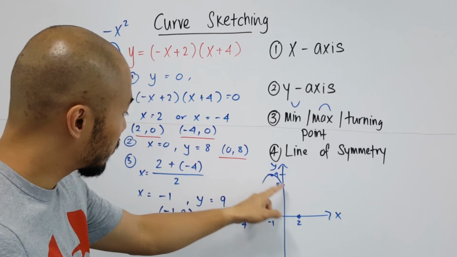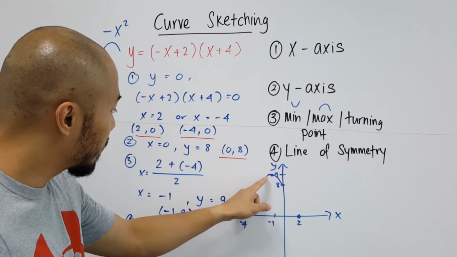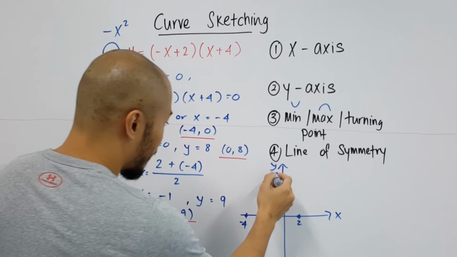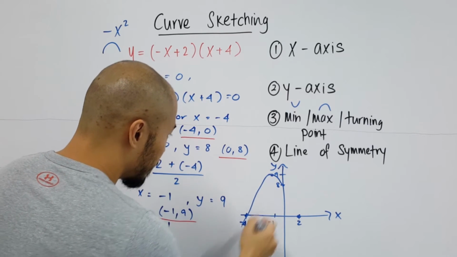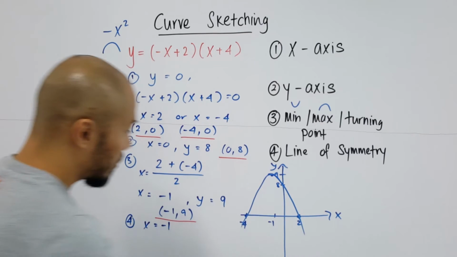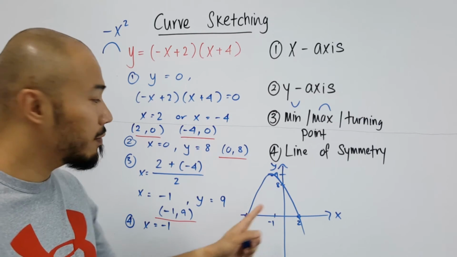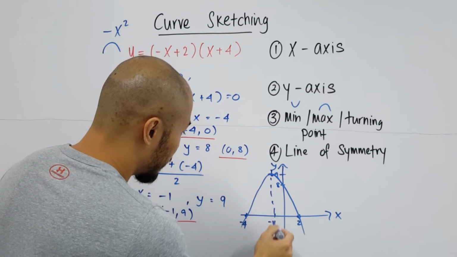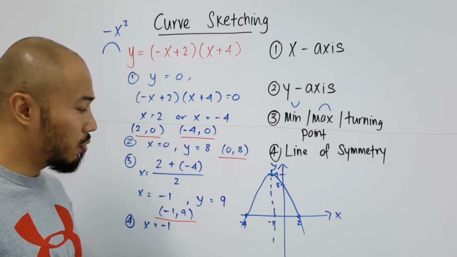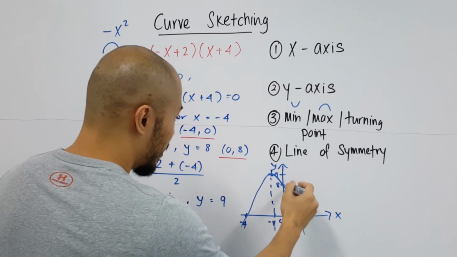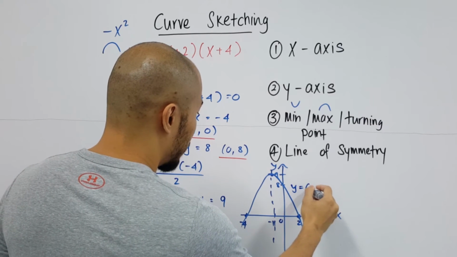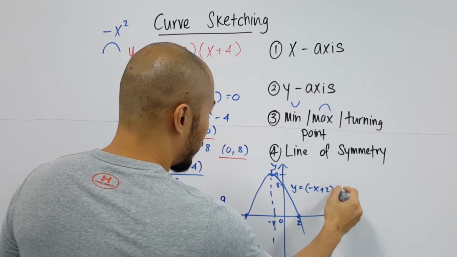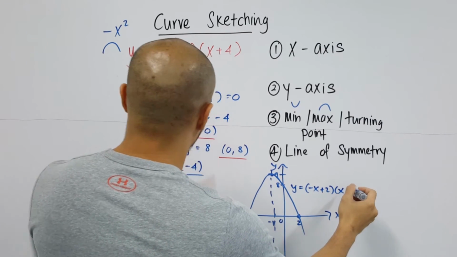So we know it has to go down to meet this point, and this line will go down to meet this point. Okay, so here you go, this is your curve, and you can mark out your line of symmetry, which is this way. This is your line of symmetry. Do not forget to label the origin and name your curve: y equals minus (x plus 2)(x plus 4).